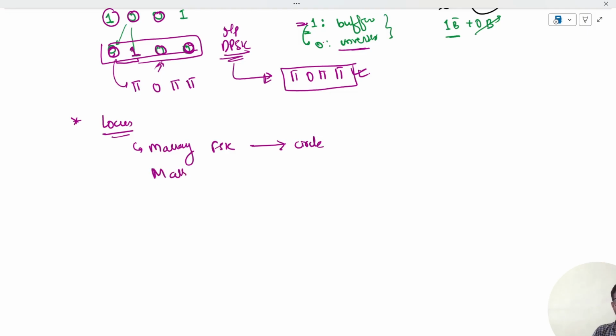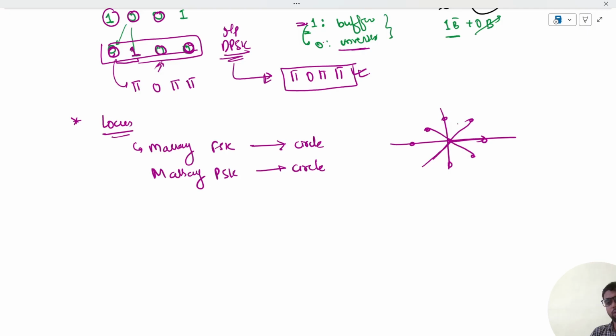generally for M-ary FSK, the locus is a circle. For M-ary PSK, I can show you, the locus is a circle. See, for PSK, for 2 signals, we have it like this. For 4 signals, we will have it like this. For 8 signals, the phase difference will be 45 degrees. And d minimum will always be root over Eb, the distance from the origin.